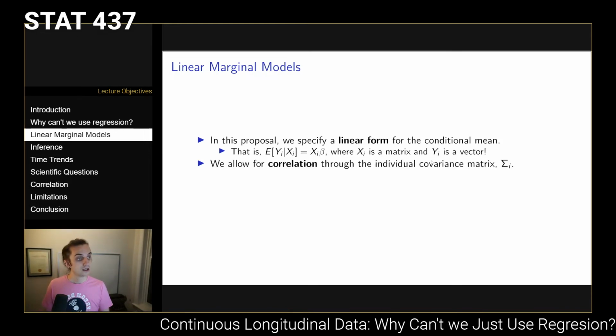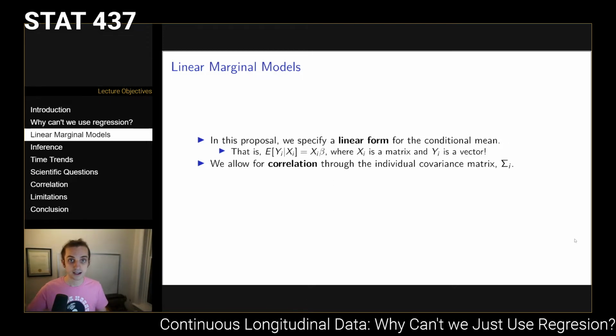Okay. We're going to account for correlations within individuals, or covariance within an individual, through this covariance matrix sigma i, right? So we're not going to assume that they're independent because we have this covariance between these different observations, but we are going to assume that any two individuals are independent.